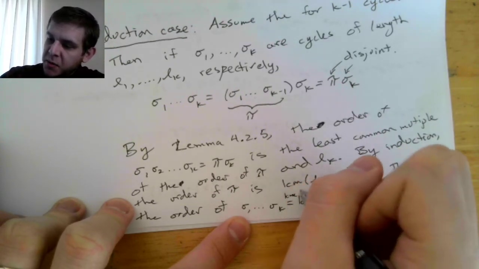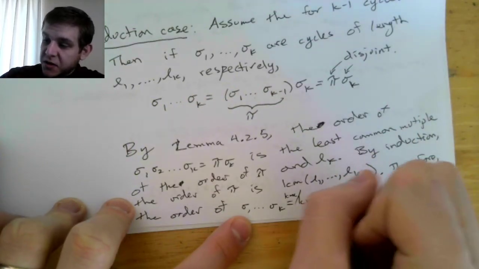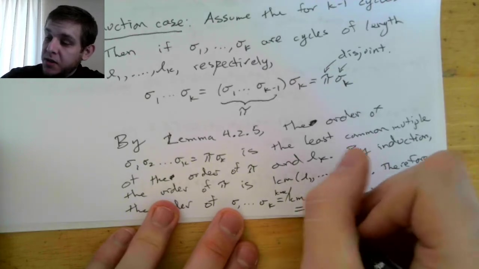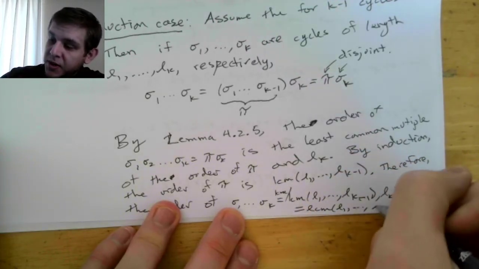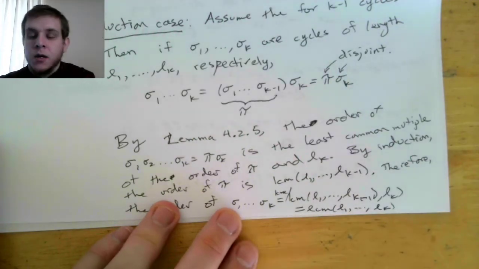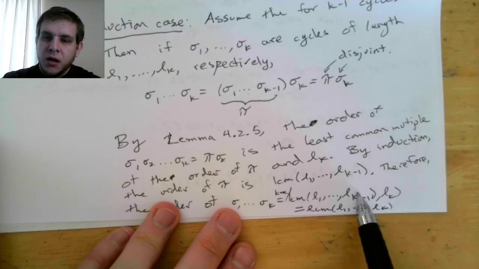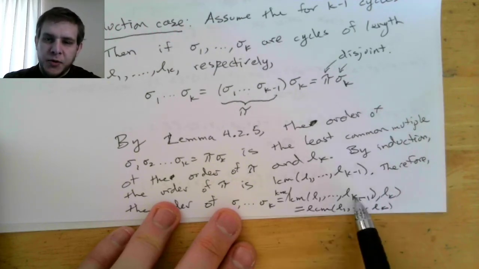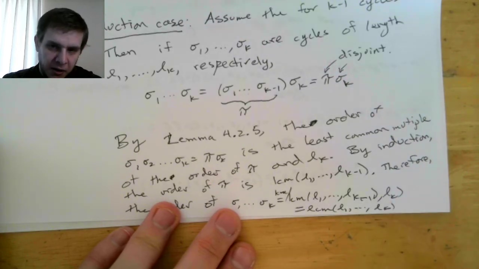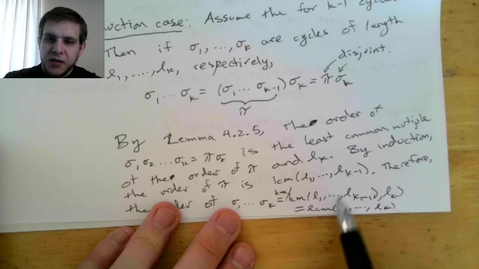And then I take a least common multiple of this thing with Lk, which just turns out to be exactly what you want it to be: the least common multiple of L1 up through Lk. Because the least common multiple of these two things has to be divisible by L1 up through Lk minus 1 and Lk itself as well. So it's not difficult to see that these two things are the same.